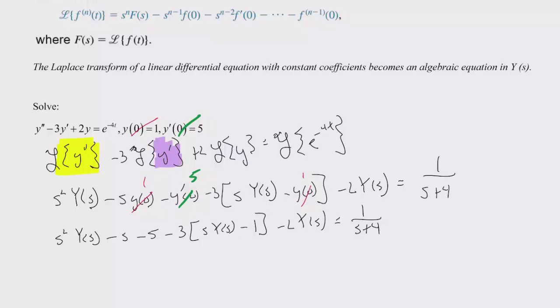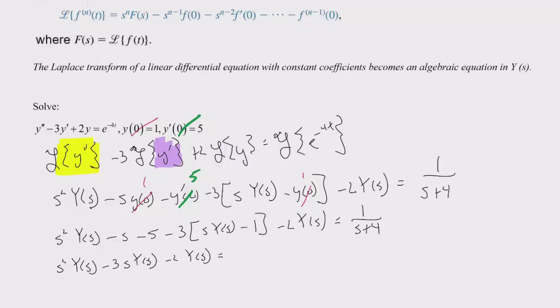Okay, so let's collect up all of our y of s terms, because that's ultimately what we're trying to solve for, is y of s. So that's s squared y of s. I'm going to move the non-y of s terms over. So that's minus 3 s y of s minus 2 y of s. See, minus 5 plus 3, so it's giving me a 2, and if I bring it over, I get a positive 2 on the other side.